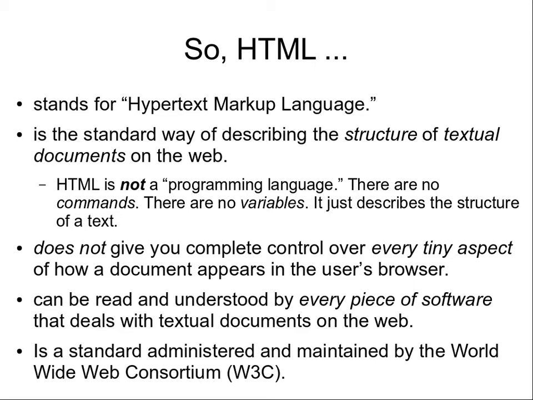HTML doesn't give you complete control over every tiny aspect of how a document appears in the user's browser. CSS regains you a lot of that control, but what you have to realize is that as we move away from print as a medium, well, let me put it this way.